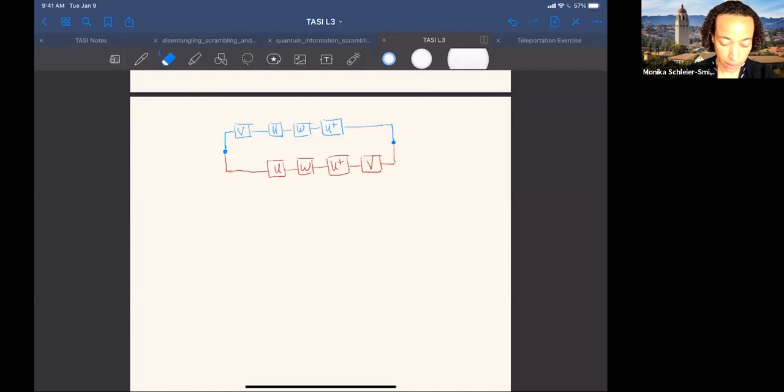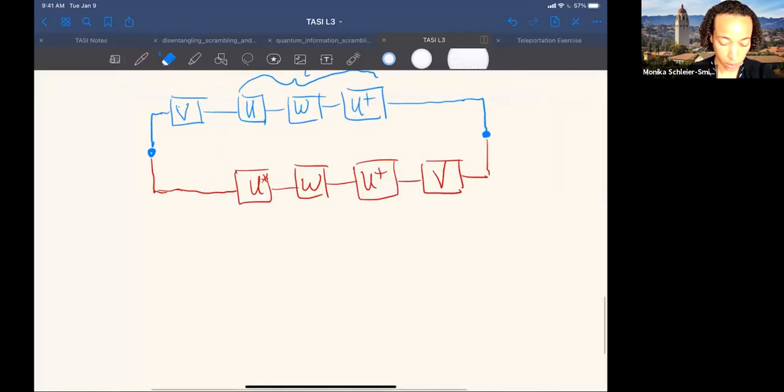Let me first make a slight modification. This is actually going to be important so that we get the right result. Just to be clear, this was V, this was the time evolved operator W. I just copied this from the previous page, but I'm actually going to want to apply the complex conjugate of everything on the other side.